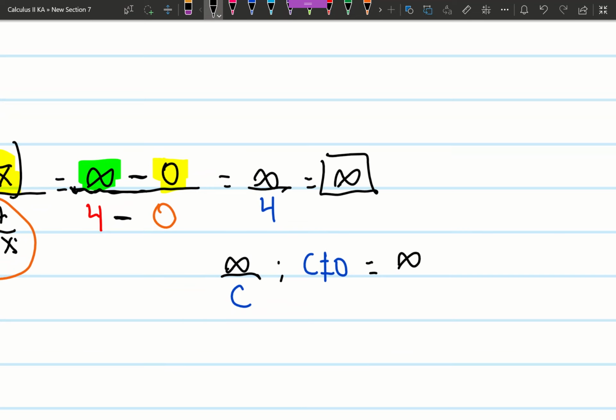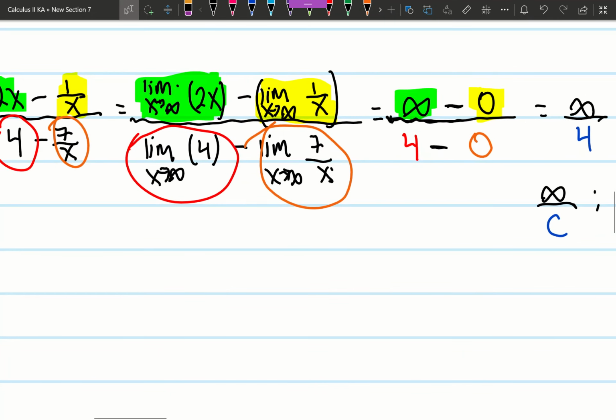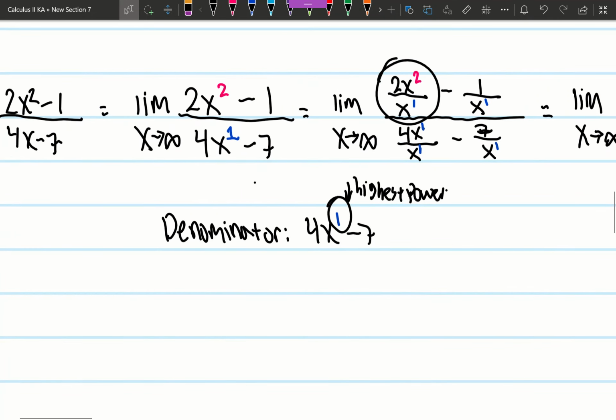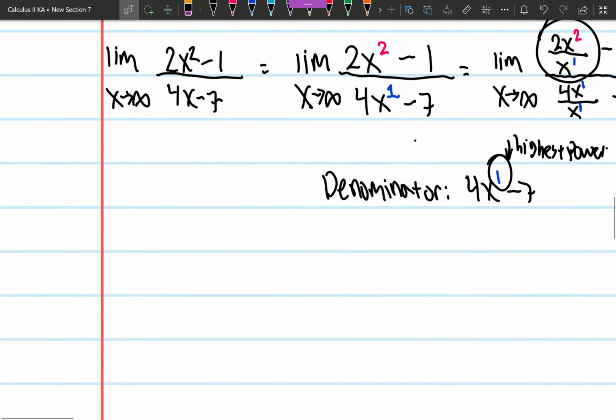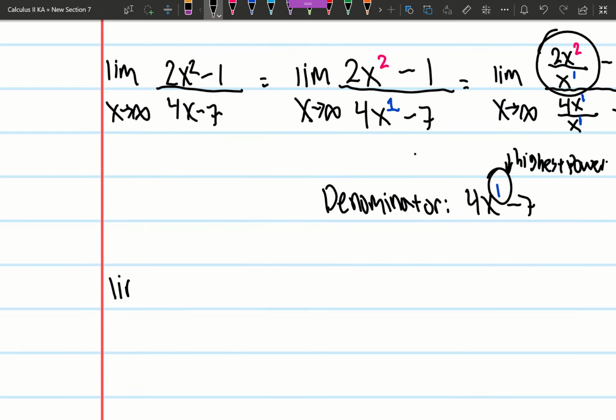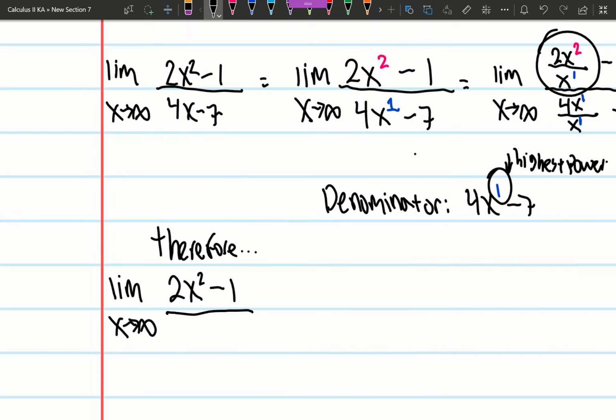So finally we can say that the limit as x approaches infinity of 2x squared minus 1 over 4x minus 7 is equal to infinity.